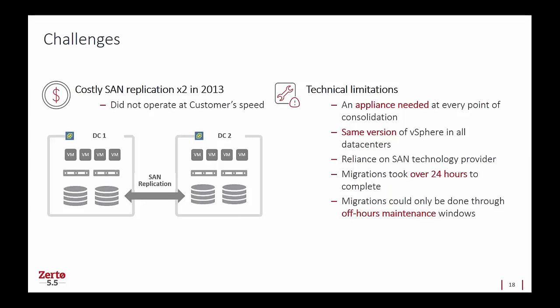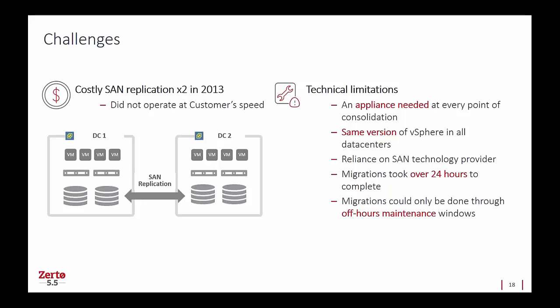As we said, they needed to bring the storage up to scratch, match that in both locations, and it also didn't operate at, as they term it, the customer's speed. In addition, they needed an appliance at every point of consolidation. Again, as we mentioned earlier, you occasionally need to purchase additional physical appliances to enable this, and that was something they didn't want to continue doing.